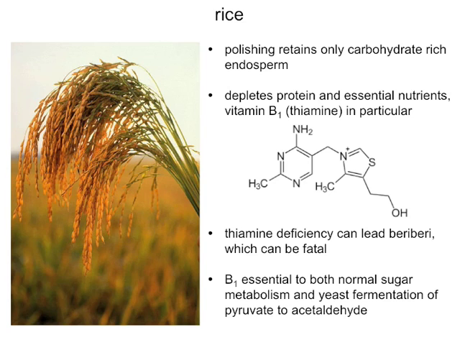So B1 is an essential component in the enzyme that converts pyruvate to acetaldehyde, and of course acetaldehyde is then converted to ethanol. So we're going to see this again when we talk about alcohol, but I like to point out the important role of the vitamins in metabolic processes that are relevant to this class.